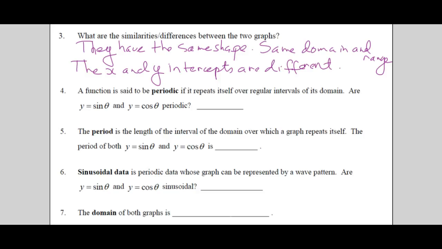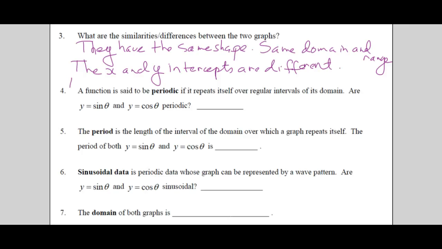If I graphed sine theta, so if I took a transparency, stuck it over your sine theta graph, and then shifted it down to your cos theta graph, and moved it, what would happen? It would line up exactly, right? So they're really the same curve, they're just pi over 2 units apart, right? So it's a horizontal translation. So what am I going to say? The graphs are exactly the same, except one is a horizontal translation of the other by pi over 2 units.